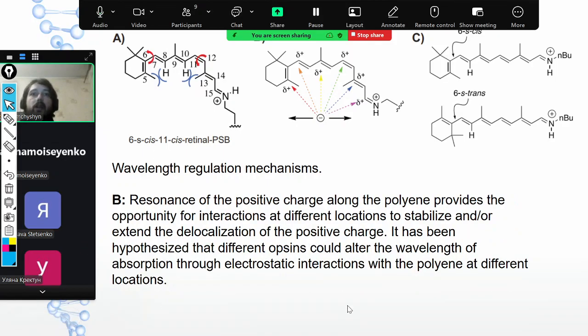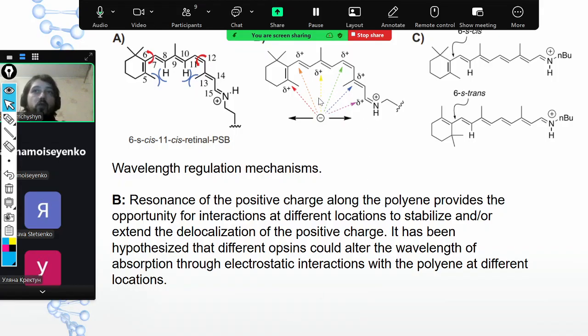Another model is that resonance of the positive charge along the polyene provides the opportunity for interactions at different locations to stabilize or extend the delocalization of the positive charge. It has been hypothesized that different opsins could alter the wavelengths of absorption through electrostatic interaction with the polyene at different locations.